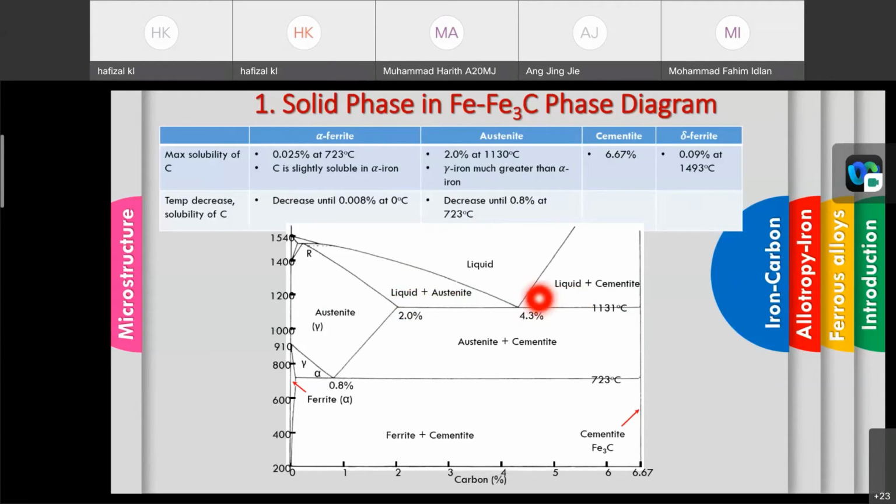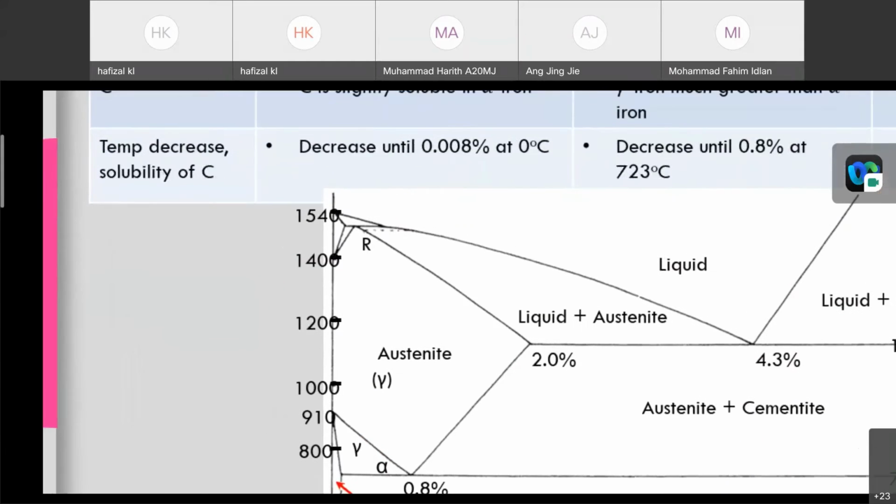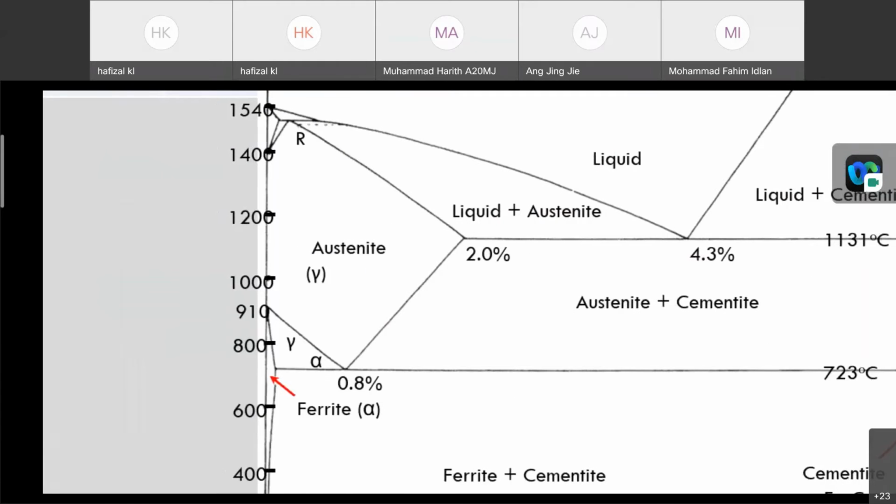Okay, and then for the cementite, this maximum solubility is in this line, which is 6.67%. And for the delta ferrite, the delta ferrite is somewhere around here, if I can make a bigger size here.